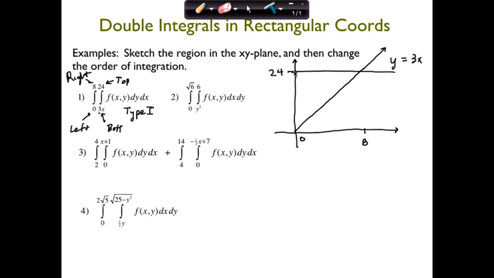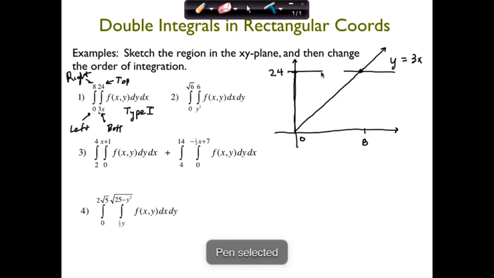So here's starting at 0, and then ending at 8 happens to be this intersection, but it wouldn't have to be, right? It could be 0 to 6. If it were 0 to 6, then it would look like this. It would still be bottom to top, and then 0 to 6, but 8 ends up being the intersection of those two. So we're going to go all the way to the corner.